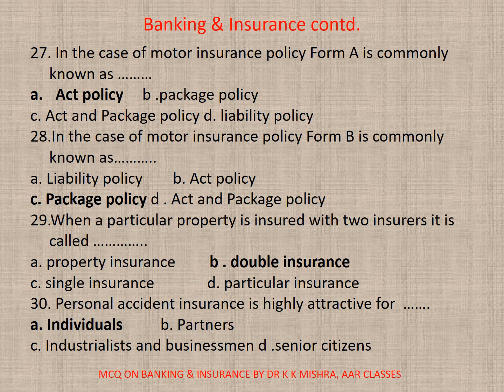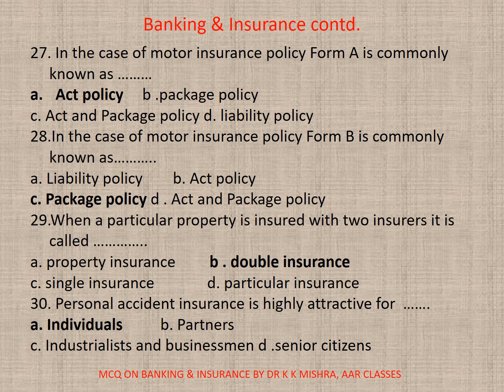Correct option is A. Act policy. 28. In the case of motor insurance policy, Form B is commonly known as package policy. Correct option is C. 29. When a particular property is insured with two insurers, it is called dash. A. Property insurance, B. Double insurance, C. Single insurance, D. Particular insurance. Correct option is B. Double insurance.